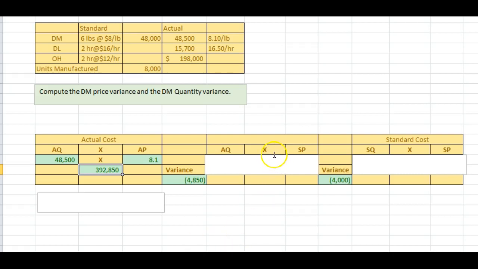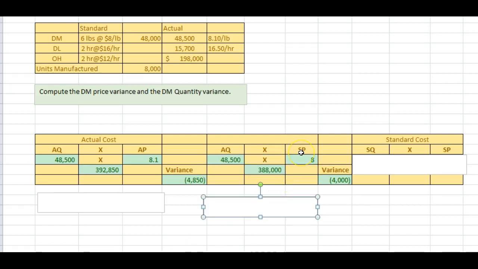If I take my actual quantity and multiply it times the standard price, even if I had overused the material at the standard price, it should have only cost me $388,000. It cost me $392,850. So the price difference increased the cost by $4,850.